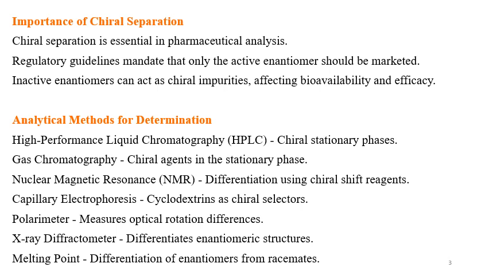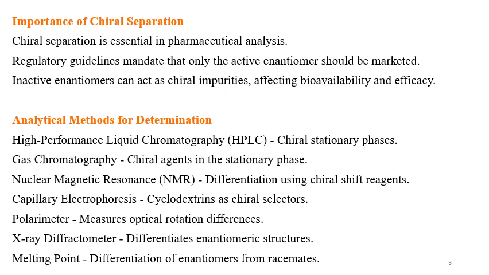The chiral separation is essential in the pharmaceutical analysis, and regulatory guidelines mandate that only the active enantiomer should be marketed. Inactive enantiomers can act as chiral impurities, affecting the drug substance efficacy, safety, and bioavailability.